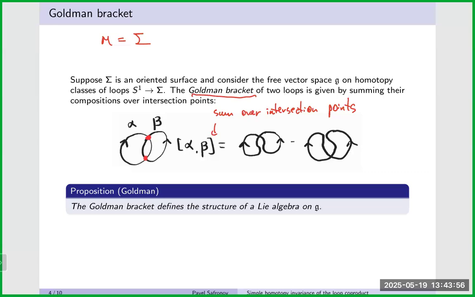So basically, you want to take the union of these two loops based at the corresponding point. Here I've resolved the bottom point, and here I've resolved the top point. And to resolve the points, you use orientations. I will not be precise, and then there are some signs inserted. And the claim of Goldman is that this actually gives a Lie algebra structure.